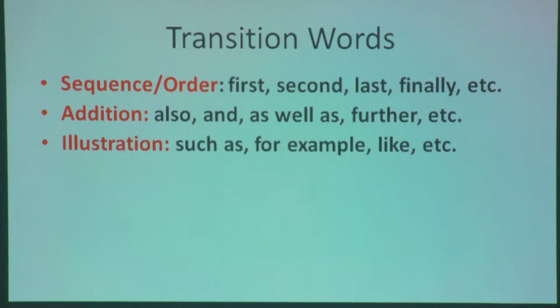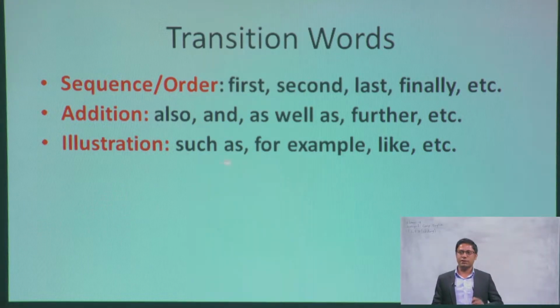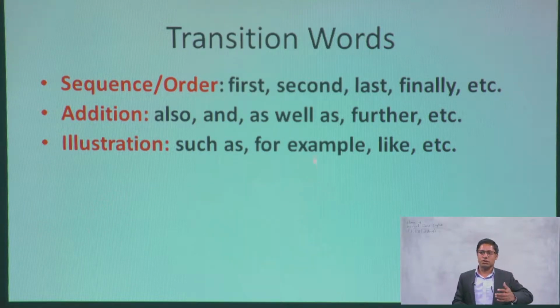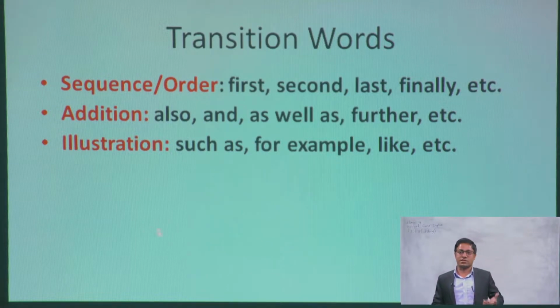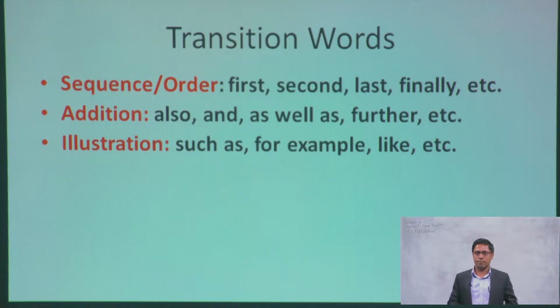Next is illustration: such as, for example, like, etc. And you know well, illustrations are generally used to give examples. For example, if you are giving the example of some animals, you can say, for example, lion, tiger, etc. You can say that way.